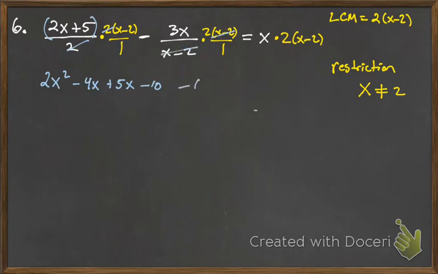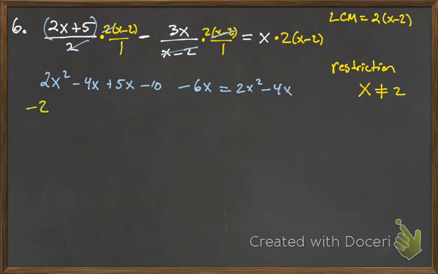On the second piece, the x minus 2 is absorbed, and we'll have, is that an x there? Yes, it is. I have my controls blocking it. Okay, so minus 6x, and that's going to be equal to 2x times x, 2x squared, and then 2x times minus 2, which is minus 4x.